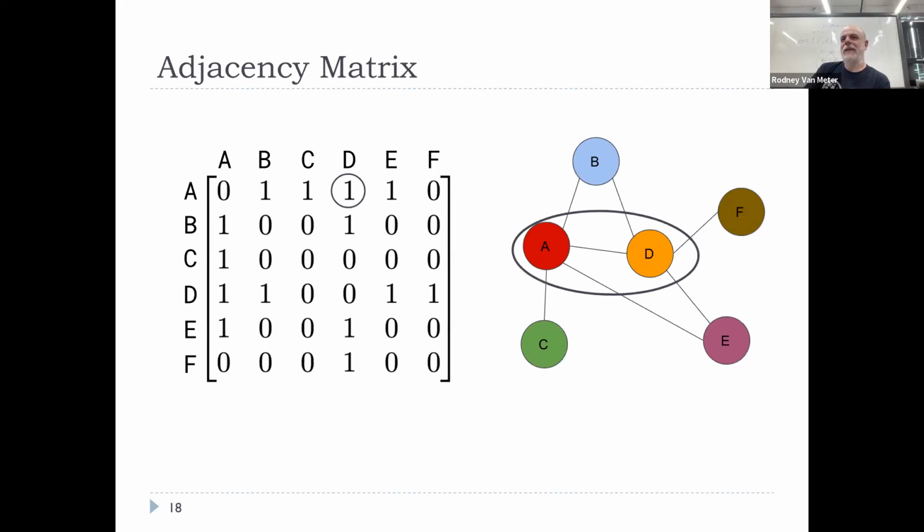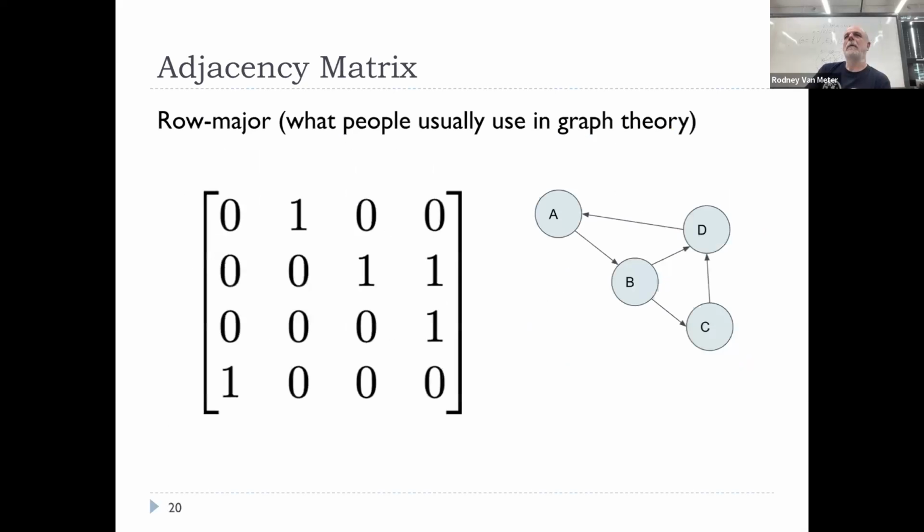So for the edge AD there, you can see that A is connected to D, and it's circled in the matrix there. This structure is written in what we call row major form. This row major form is what we use mostly in graph theory.